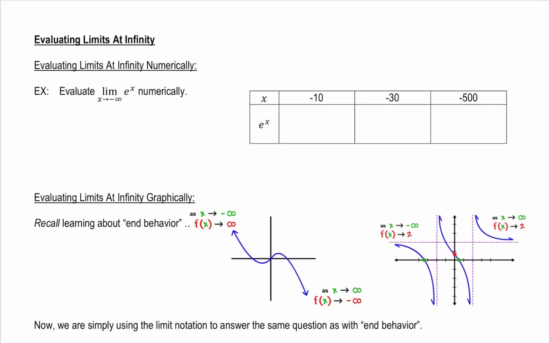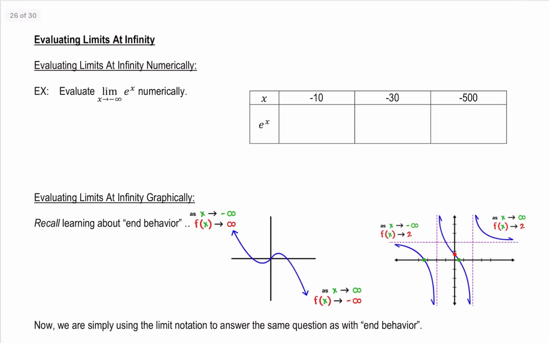So the last topic of this section 1.5 is going to be looking at limits as x goes to plus or minus infinity. So let's take a look at evaluating numerically the limits of e to the x as x goes to negative infinity.